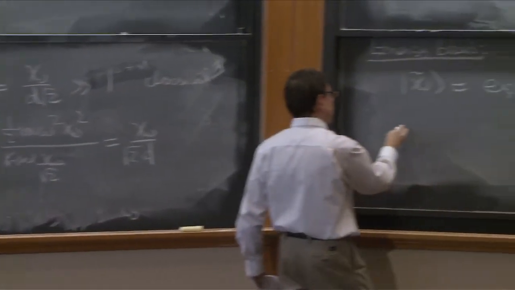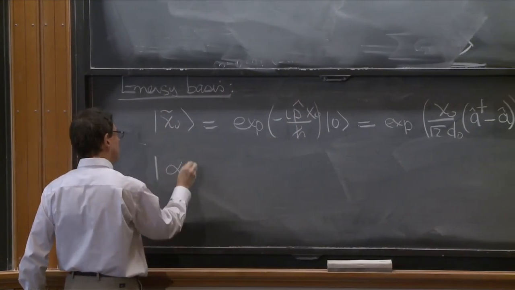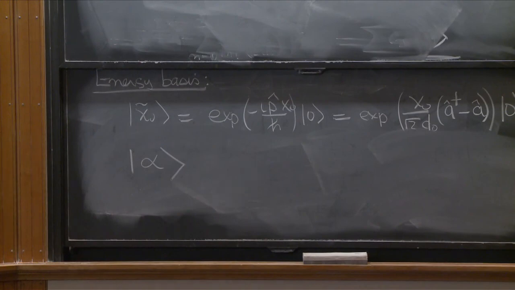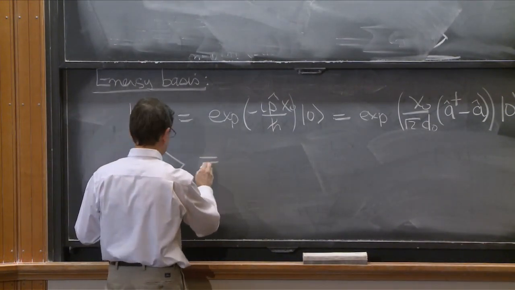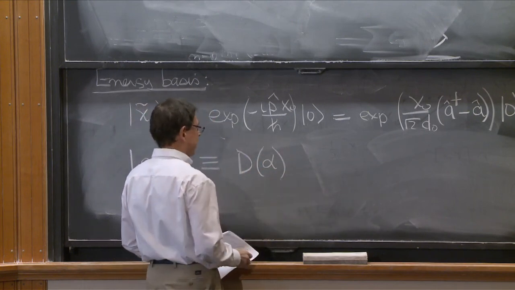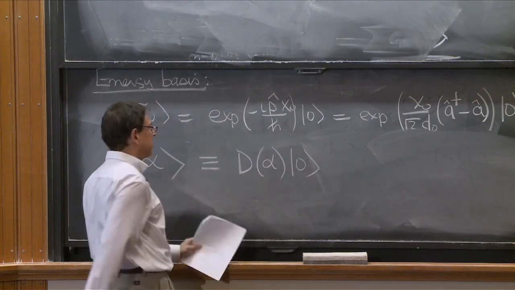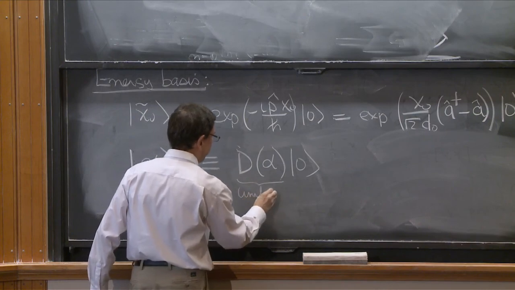And here we change notation. This x0 was here, but now we'll introduce what is called the alpha coherent state. The most general coherent state is going to be obtained by acting with a unitary operator on the vacuum. So far, so good. D of alpha, unitary.